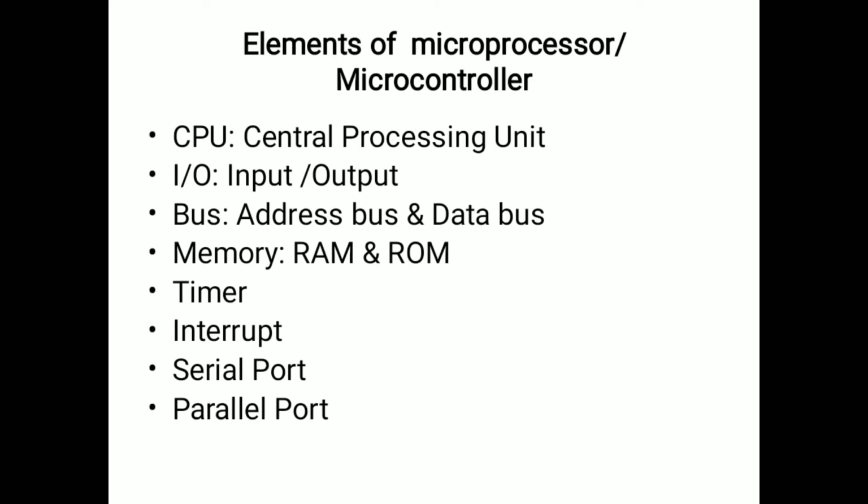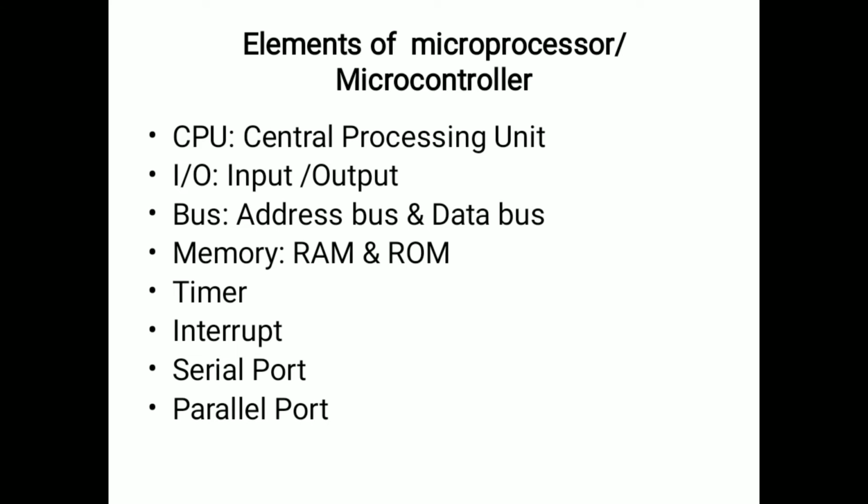Now if we talk about the microcontroller, what is there inside it? A microcontroller has a central processing unit inside it, then some input and output pins, some types of buses like address bus and data bus, then inbuilt RAM and ROM memory, and an inbuilt timer, interrupt, serial port and parallel port.